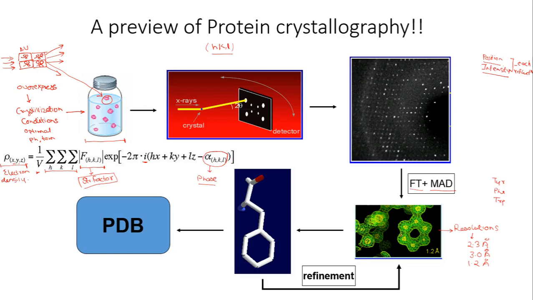And then once you are satisfied that you have a model that perfectly fits your electron density map data, you submit that model into a public repository like RCSB PDB, or the Protein Data Bank.